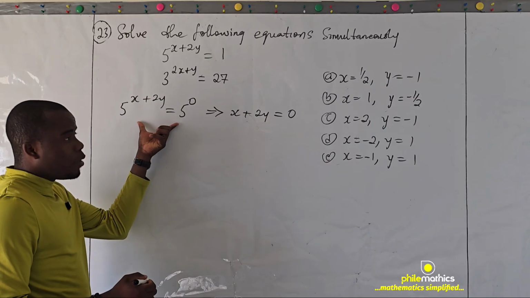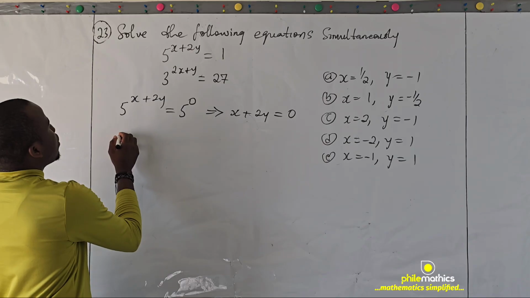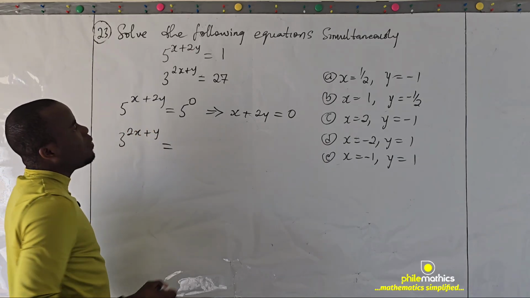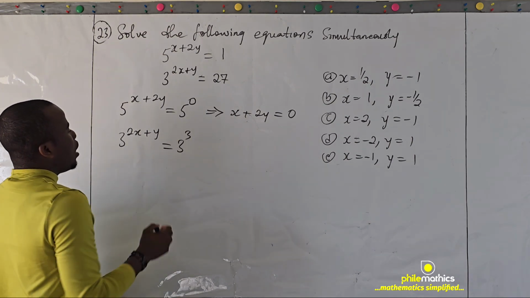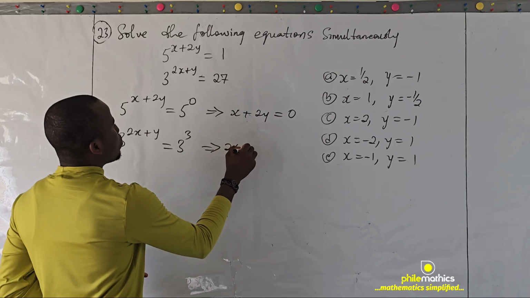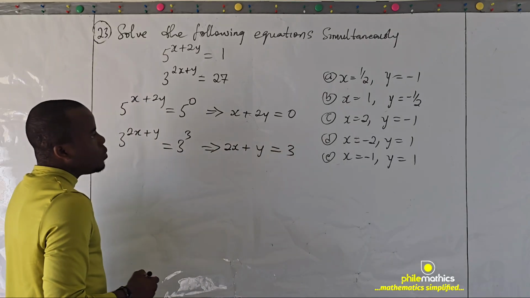Since the bases are the same, we equate the powers. From the second one, 3 to the power 2x plus y, I can express 27 in index of 3 as 3 to the power 3. And since the bases are the same, it implies that 2x plus y equals 3.